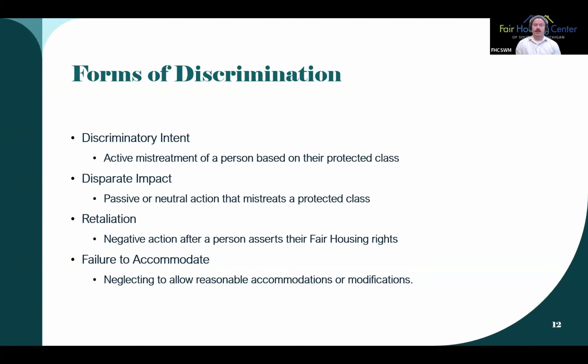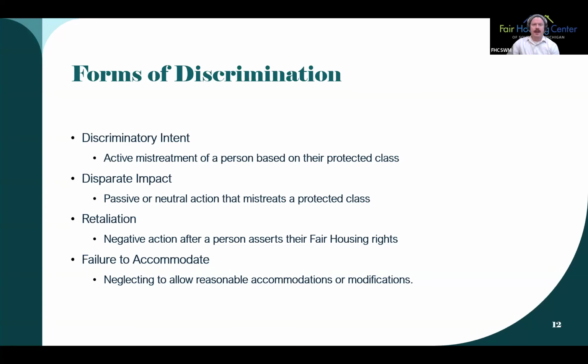And finally, failure to accommodate is a housing provider's failure to allow reasonable accommodations or modifications that better allow a disabled person to exercise their right to full use and enjoyment of a dwelling. It's one of the most common practices cited in fair housing complaints, and we'll go into more detail about that later.